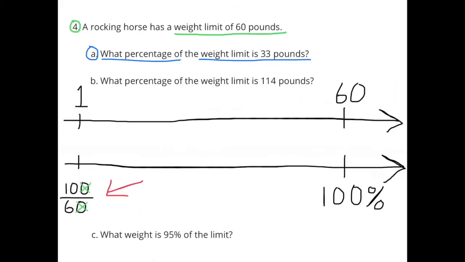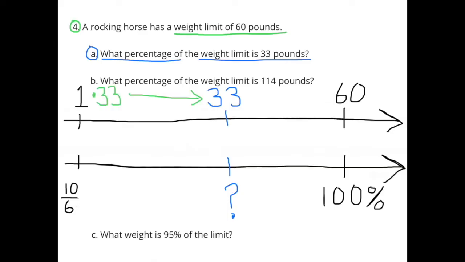I can reduce 100/60ths by making the 100 10 times smaller and by making the 60 10 times smaller. And that becomes 10 over 6, or 10/6. They're asking what percentage of the weight limit is 33 pounds. So I need to multiply the 1 pound times 33.